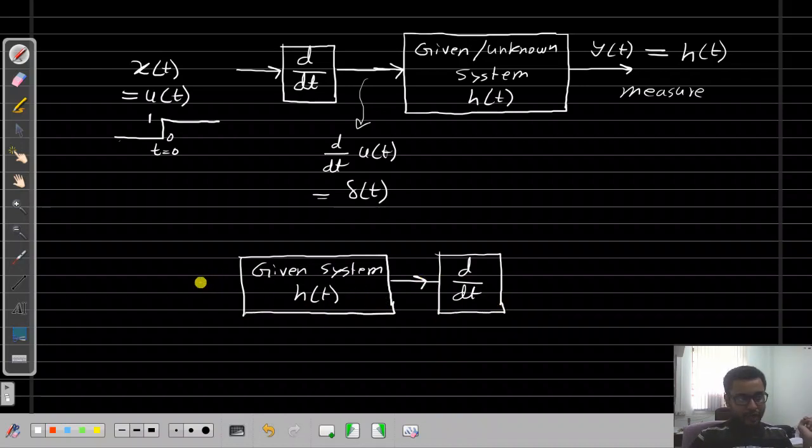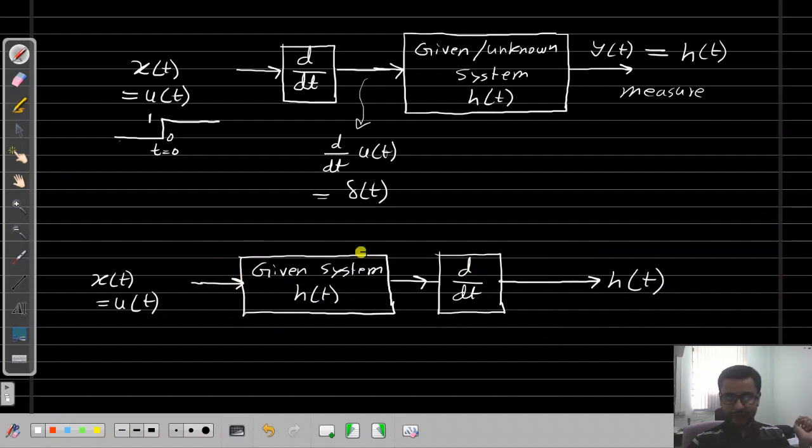Then if I give the same input here, x(t) equal to u(t), what will I get here? I will get the same output as here, which will be h(t). So I can do this experiment in theory as well.